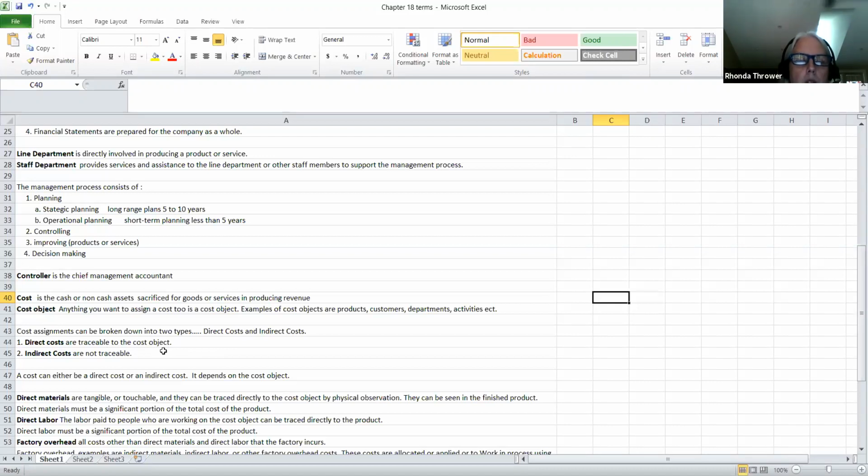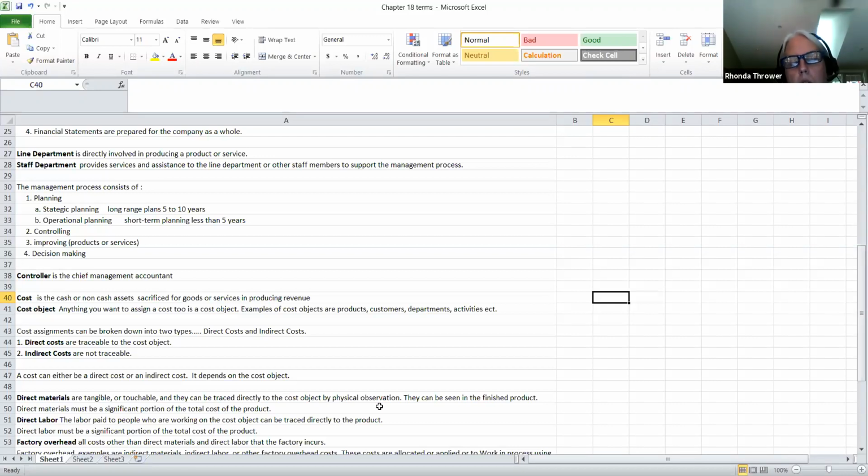If the cost object is a product, some direct costs that we should be able to trace specifically to the product will be something that we refer to as direct materials. Direct materials are tangible or touchable materials that can be traced to the cost object. Usually we can trace those to the cost object by physical observation.